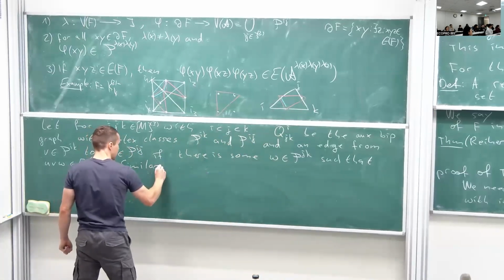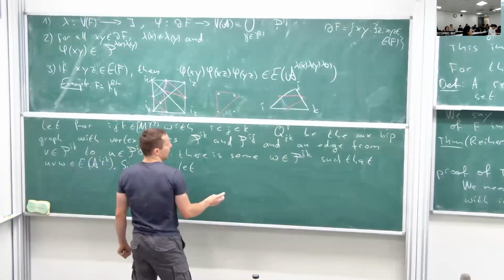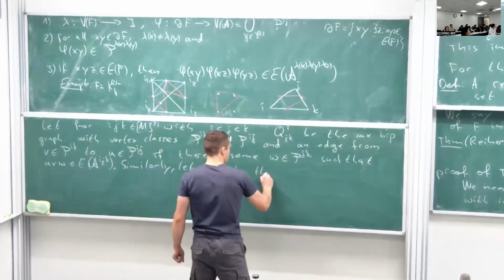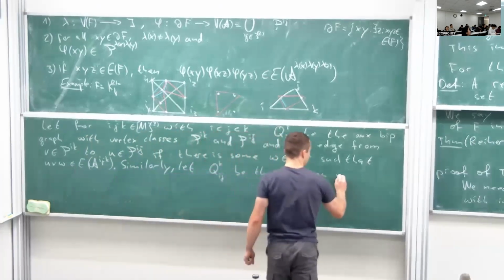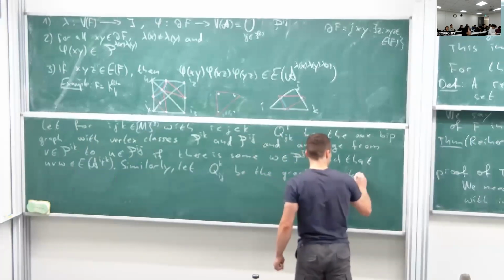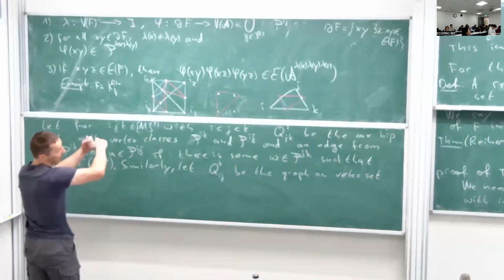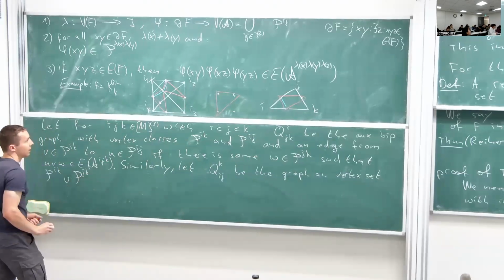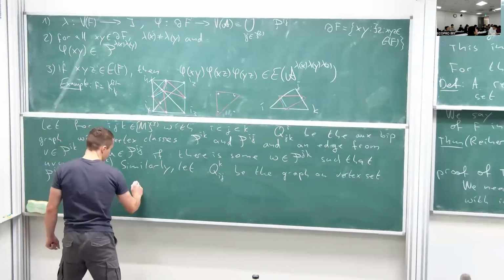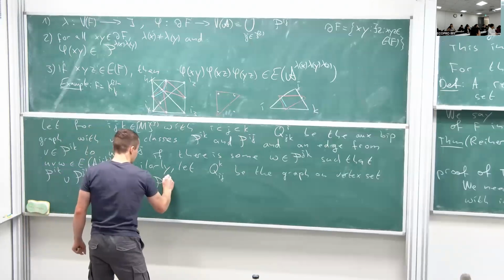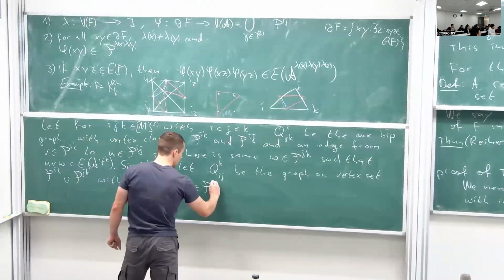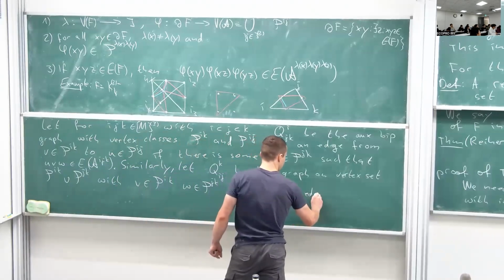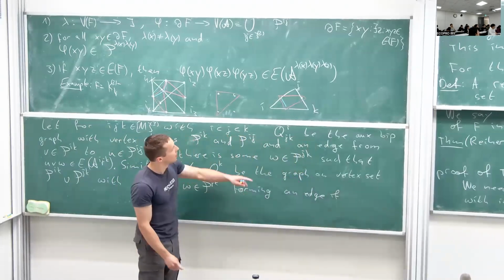Similarly, let Q, K, I, J be the graph on the set, so the down one and the upper right, so it's P I K and P J K, with V in PIK and W in PJK, forming an edge. If they exist, right?